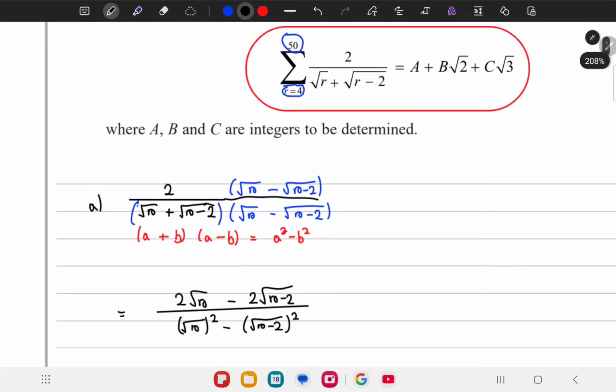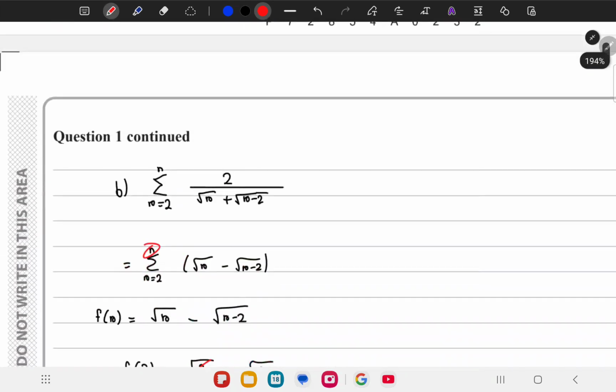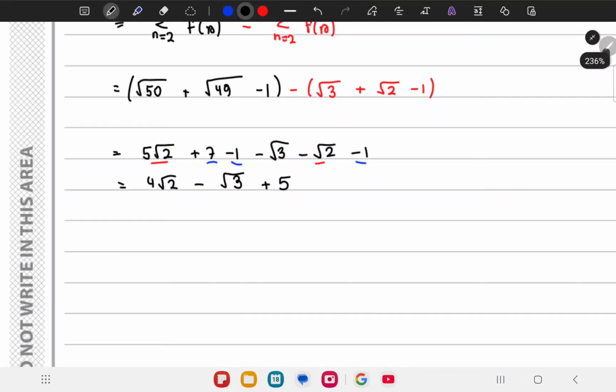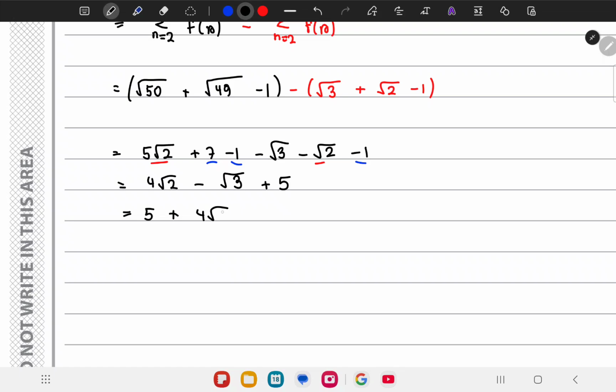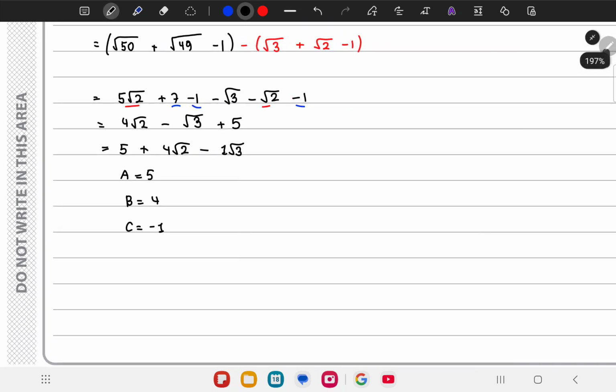If we look over here, the answer asks for us to find it in this form: a plus b root 2 plus c root 3. So a is 5, b is 4, and c is minus 1. And that's it for question 1.